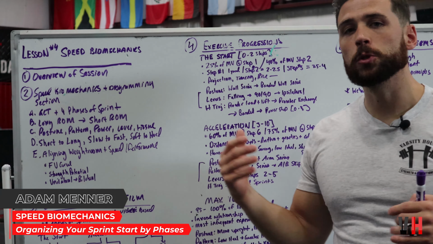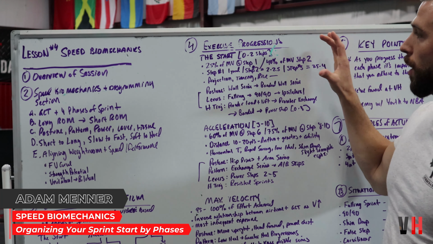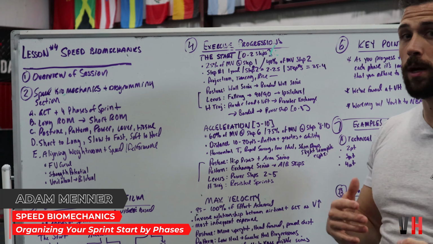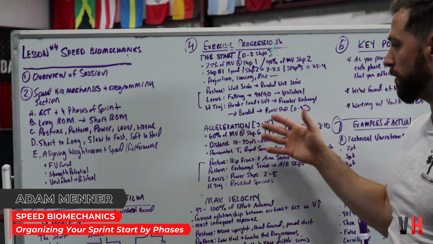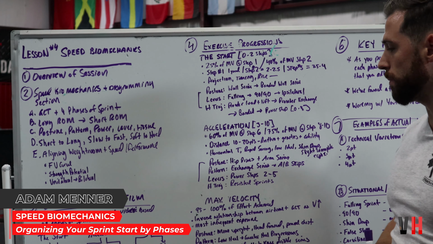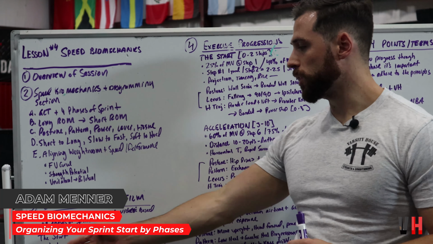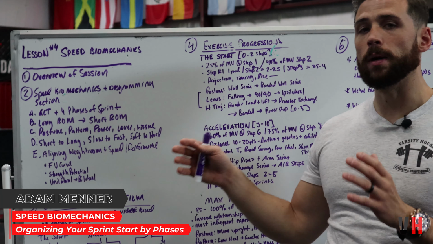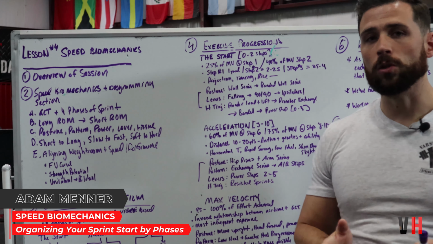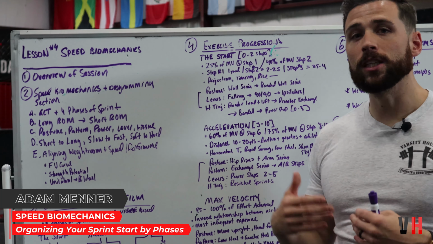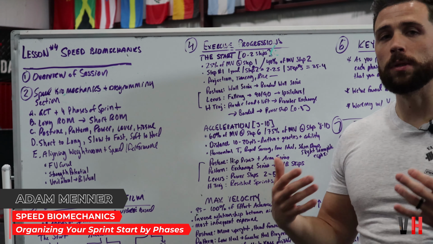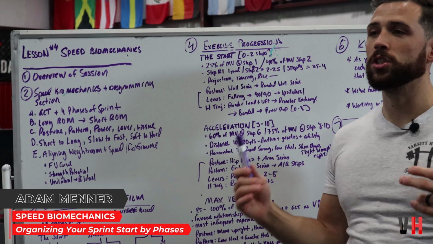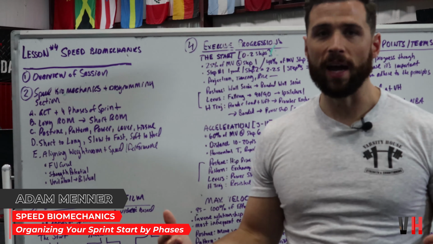When we segment each part of the sprint, we have our exercise progressions based on the biomechanics. We have the start, we have acceleration, we have max velocity. When we talk about each of these, I believe that there are 2 parts in terms of teaching speed biomechanics. One is the technical model. So this is improving linear speed. Improving linear speed is extremely important because it far exceeds getting from point A to point B the fastest.